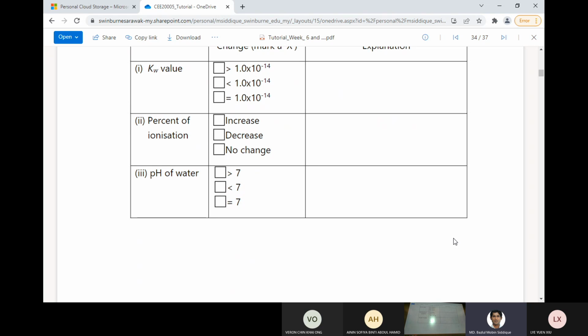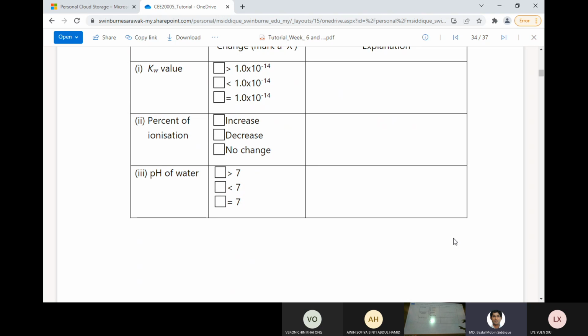So the pH of the water will increase, decrease, or not change? It will decrease, right? The pH of the solution will decrease, but the water is still neutral.